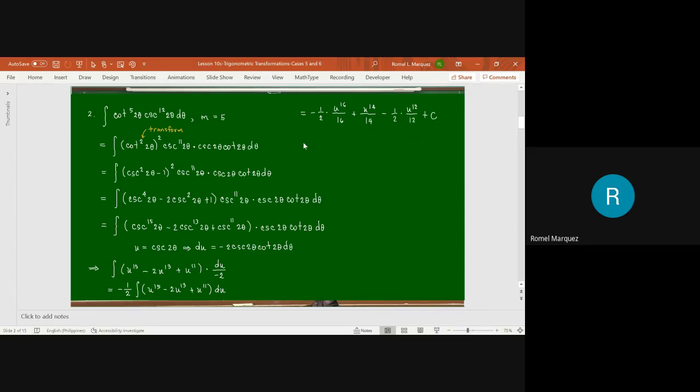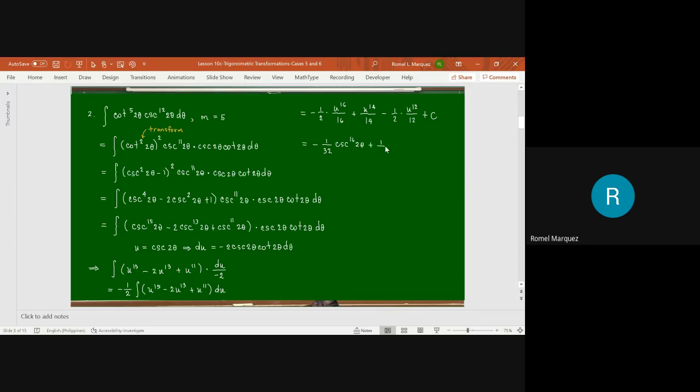Then plus c, no? Okay, so we now multiply negative 1/2 times 1 over 16. That is 1 over 32. Then u, what is u? Cosecant, no? And that is raised to 16. So times cosecant to the 16th of 2 theta. Okay, guys?